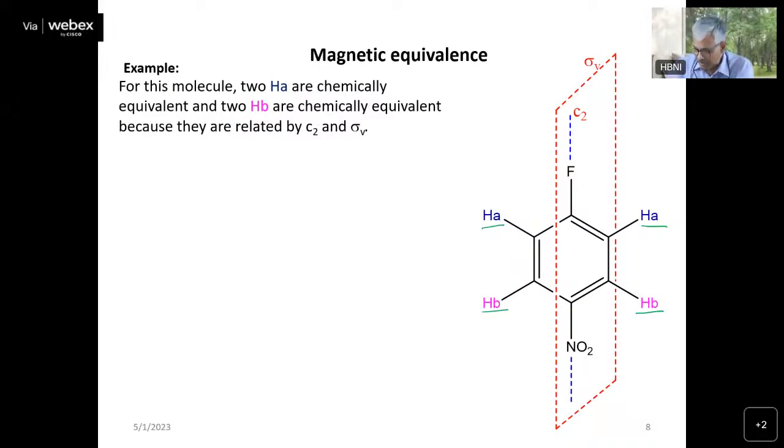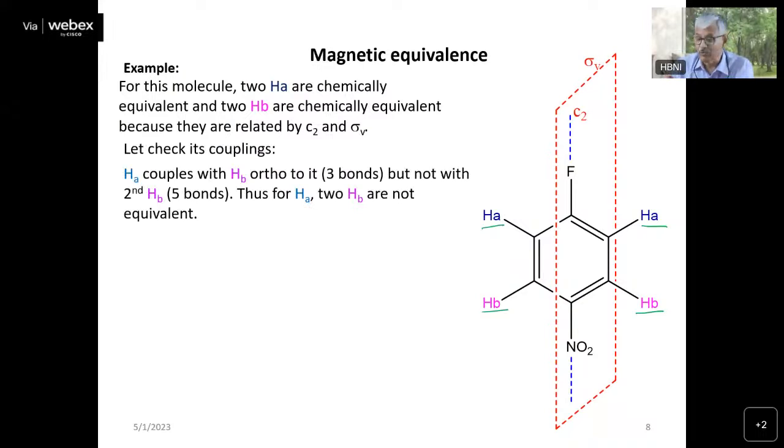Now consider the coupling constant between this HA and HB, and this HA and this HB. This is a 3 bond distance, and this one, counting 1, 2, 3, 4, is a 5 bond distance.